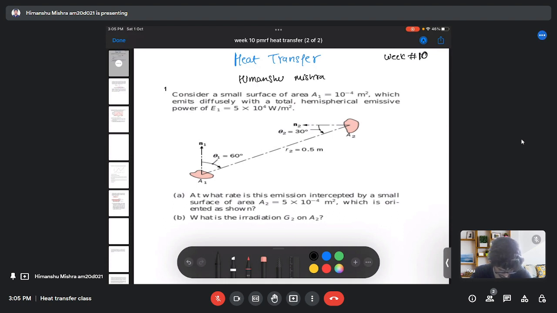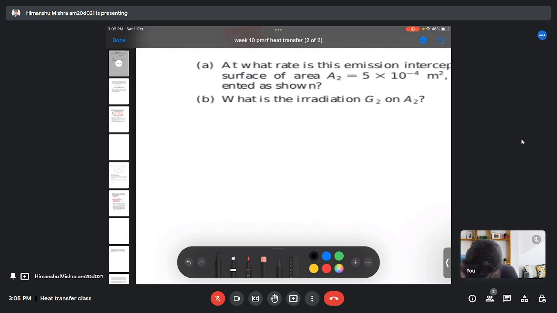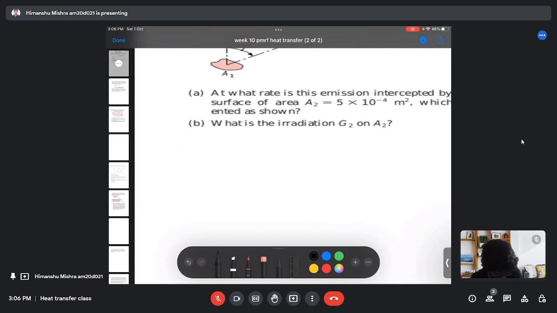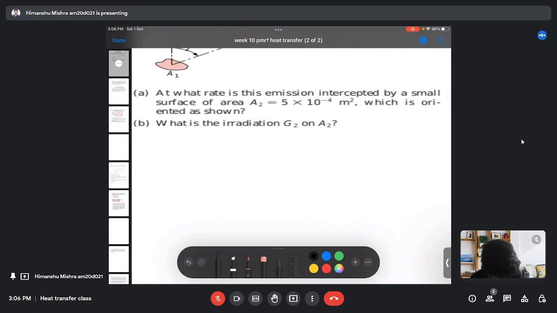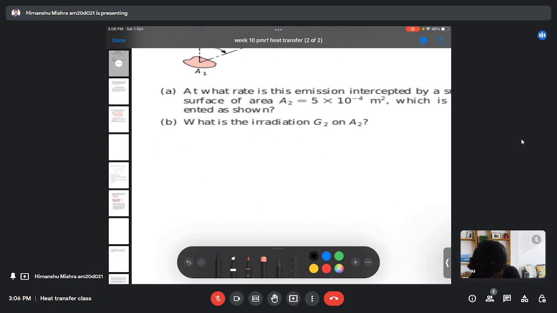We need to find the rate of emission intercepted by a small surface area and the irradiation on surface A2.